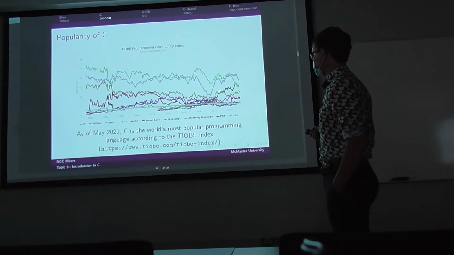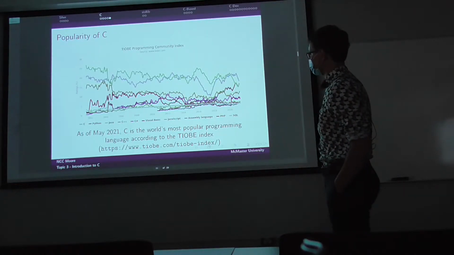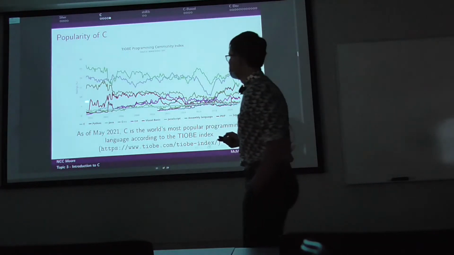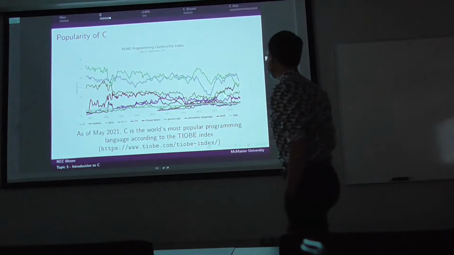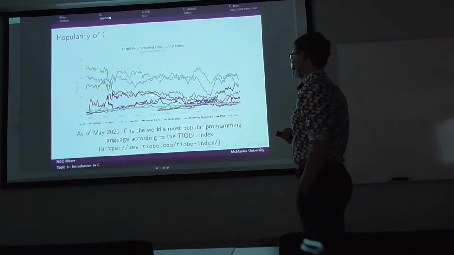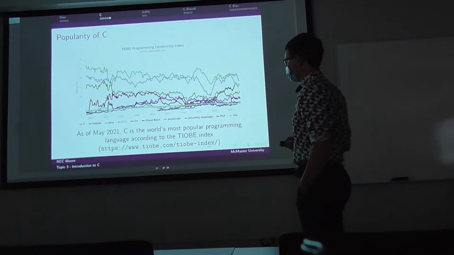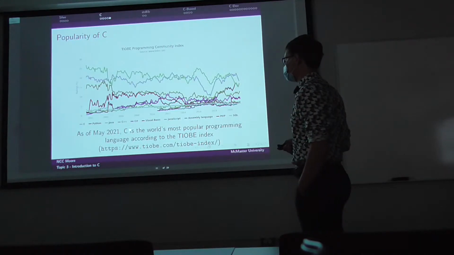Python has increased rapidly over the recent years, probably due to various things. This guy here is C++, so you can see C++ has been decreasing basically as Python has been on the rise. C# never got terribly popular.